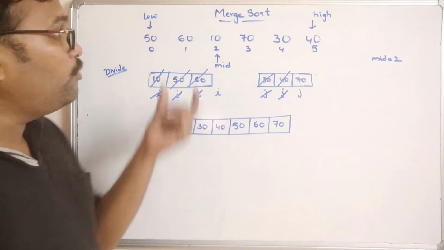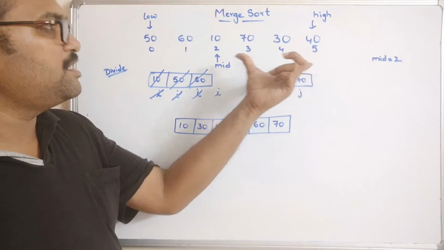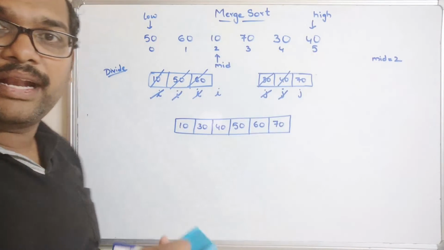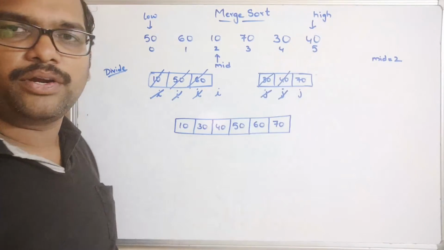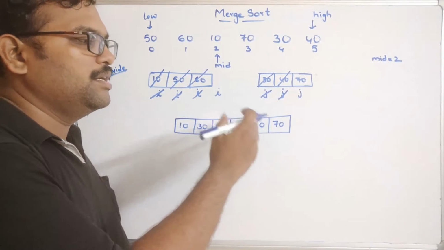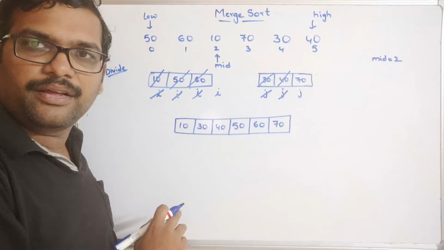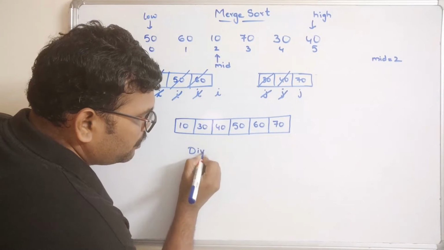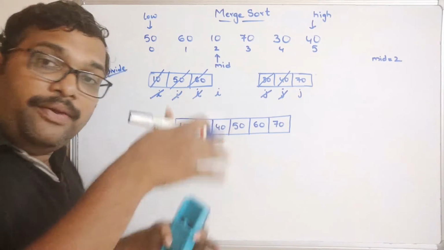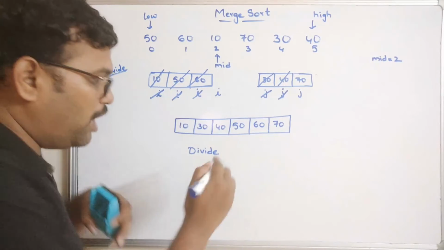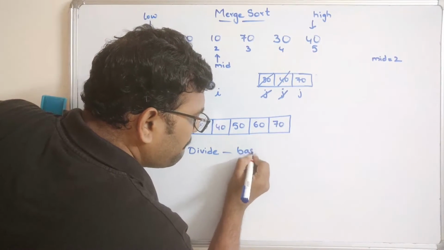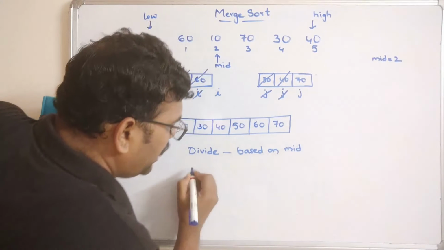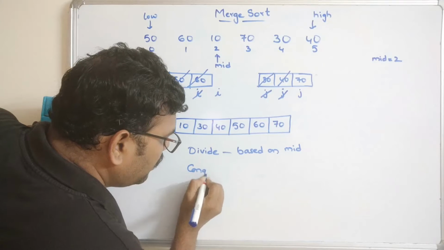Okay. Now we have taken the elements here, 6 elements: 50, 60, 10, 70, 30, 40, and now we are getting the elements in a sorted order: 10, 30, 40, 50, 60 and 70, right? So here we have done the division, where we divided the complete problem into 2 halves based on the middle value, and then conquer.